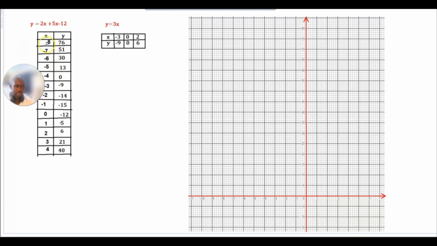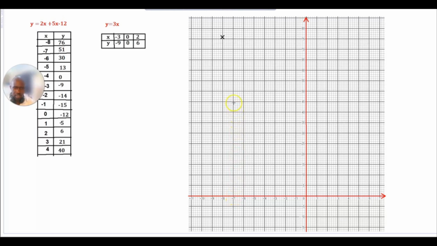So we have minus 8. When x is minus 8, y is 76. One small square represents 1 unit. So here is the point, minus 8, 76. Then when x is minus 7, y is 51.